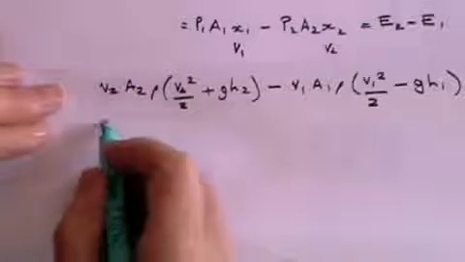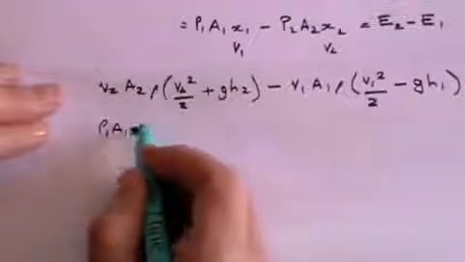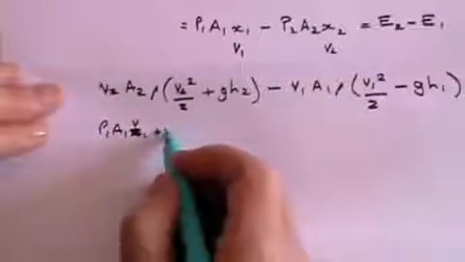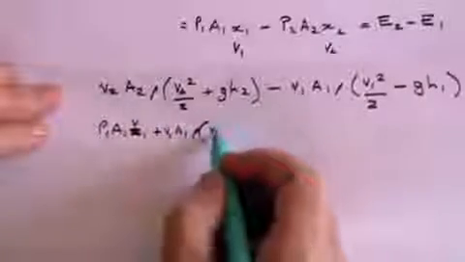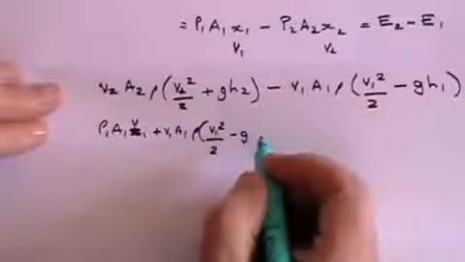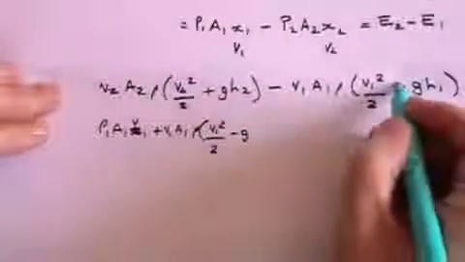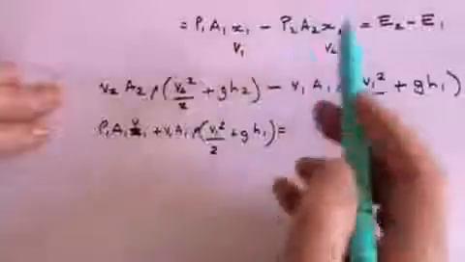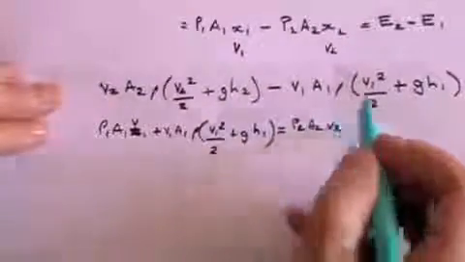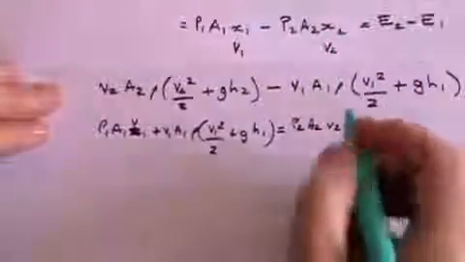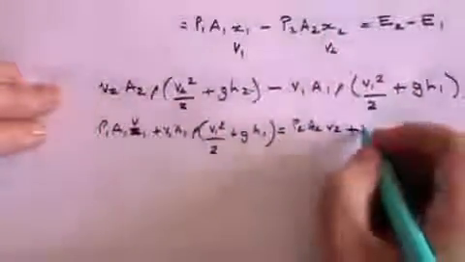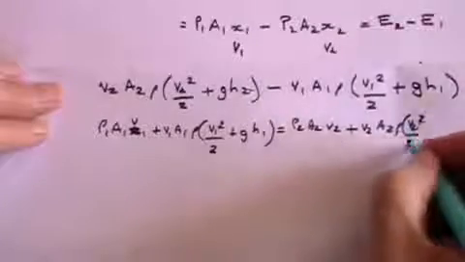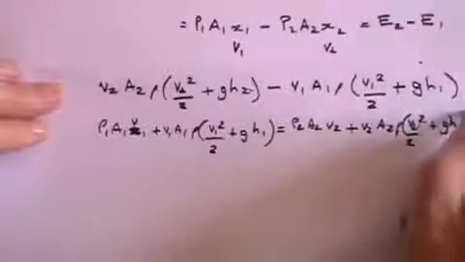So we get P1 A1 X1, which is of course now V1, plus this term here, plus V1 A1 rho into V1 squared over 2, that should be plus GH1, is equal to this term here, P2 A2 V2, because X2 and V2 are the same if it's per second, plus this term here, V2 A2 rho into V2 squared over 2 plus GH2.